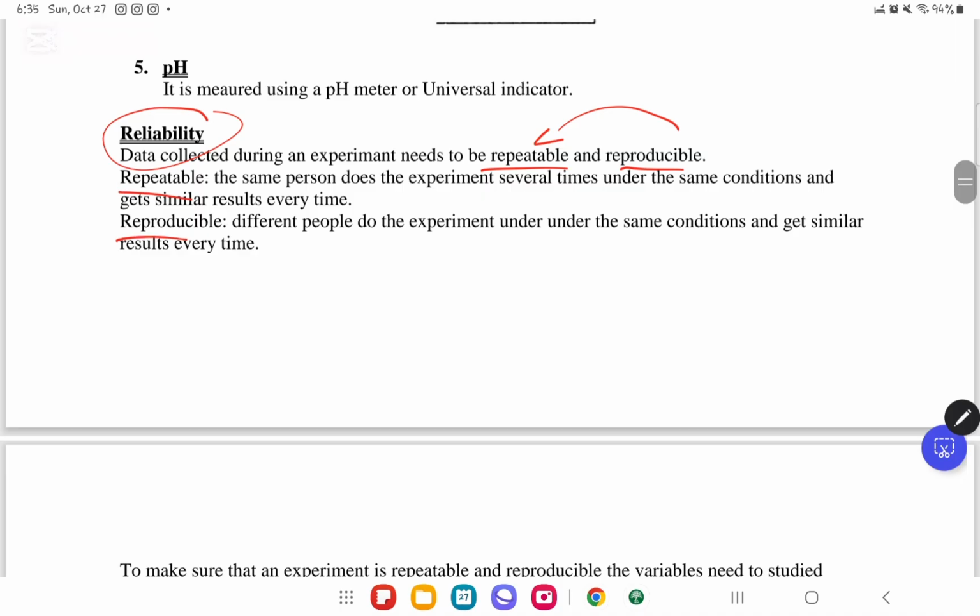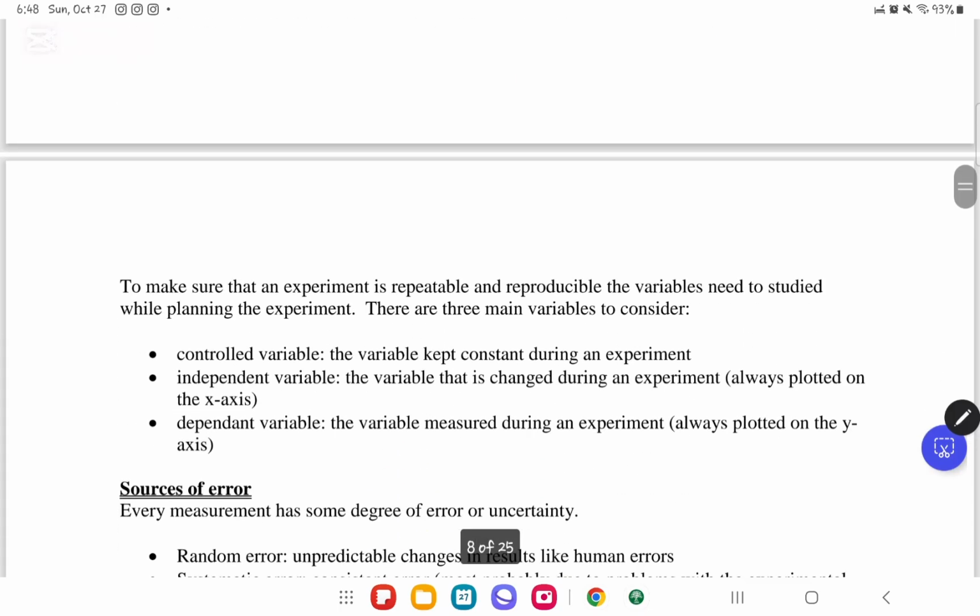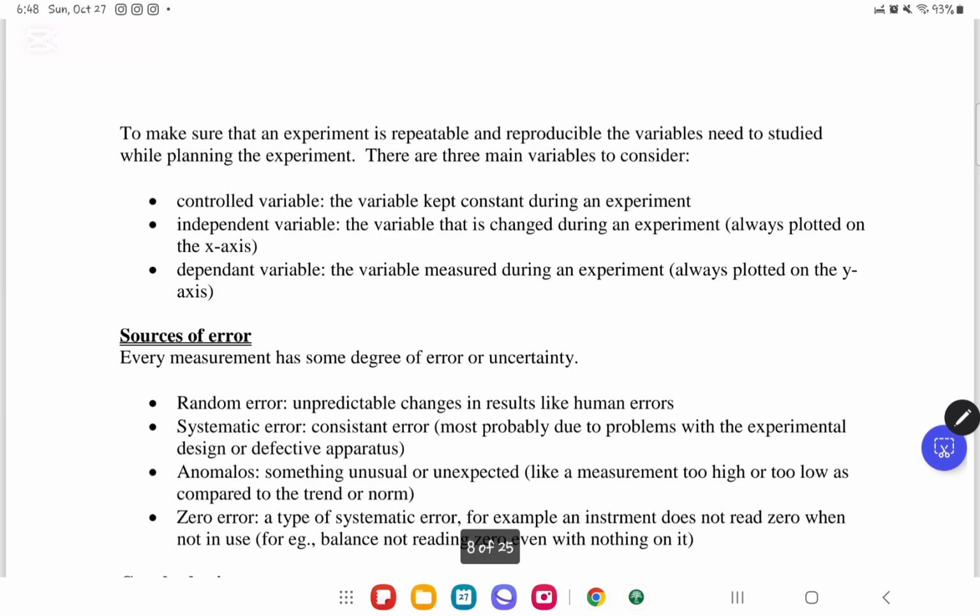Repeatable means the same person does the experiment several times, under the same conditions, and gets similar results every time. Reproducible, on the other hand, means that different people do the experiment under the same conditions and get similar results every time.